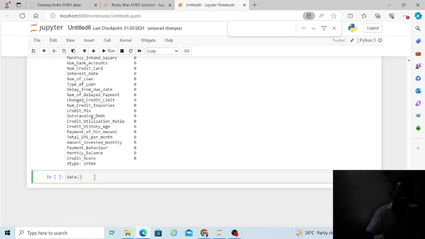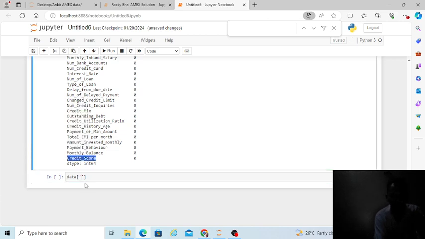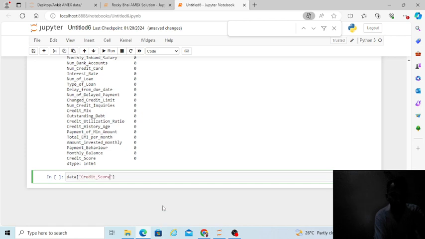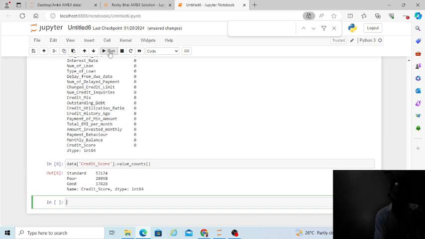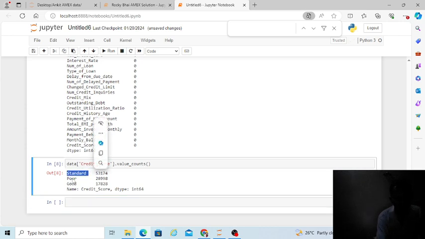We will check what all values are there in credit score, credit score.value_counts(). So there are three kinds of credit worthiness rating, that is standard, poor and good.